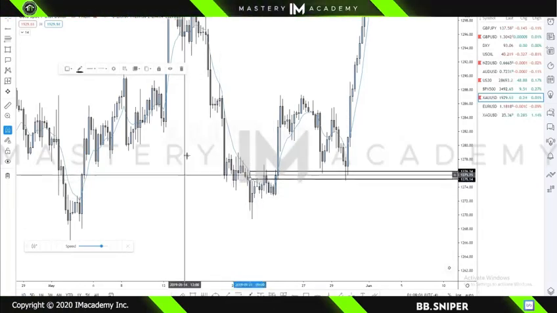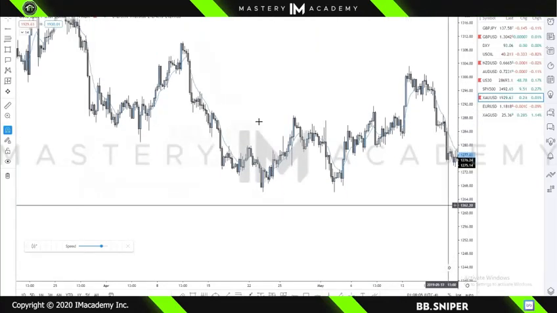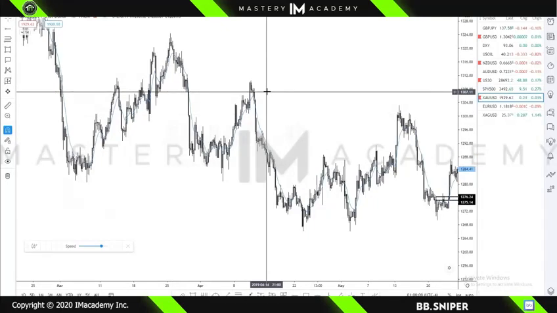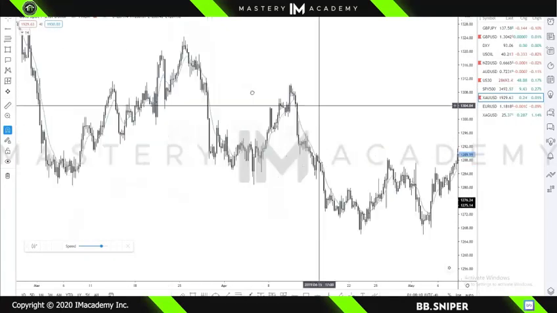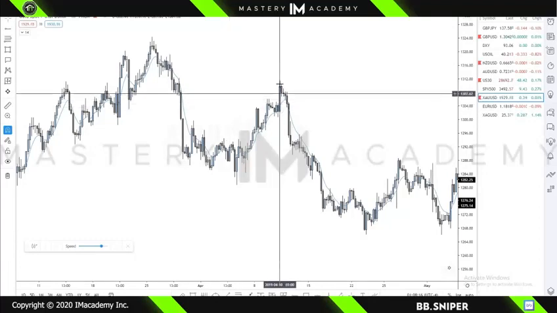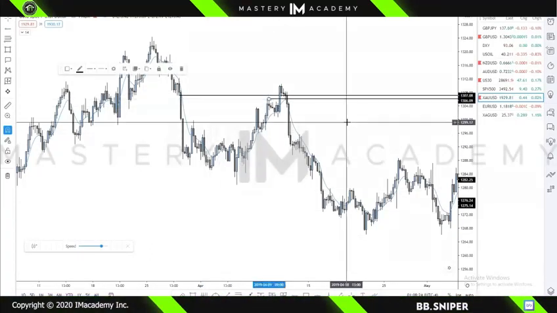Okay. Again, notice how this last bullish candle is the candle that fills this imbalance, right?